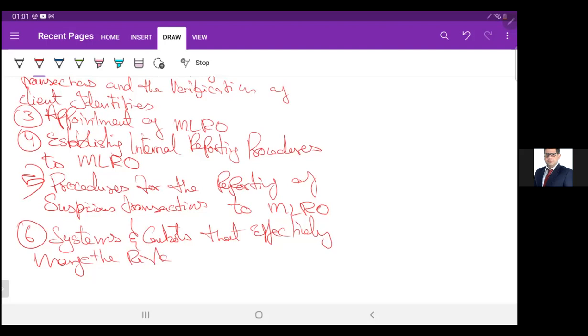Okay. And finally, the training of all staff. Training of staff according to the requirement of the legislation. Okay.